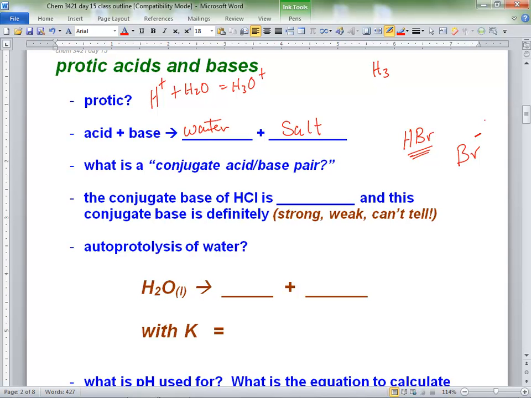Remember that game? So just rip off an H+, and you'll have the conjugate base. And they go back and forth. Okay. The conjugate base of HCl is what, Daisy? Chloride. Good. And this conjugate base is definitely what, Brad?